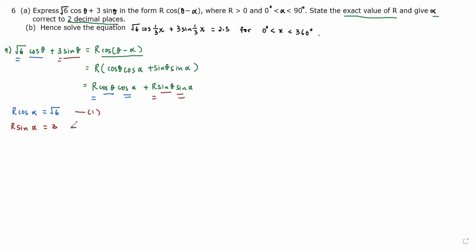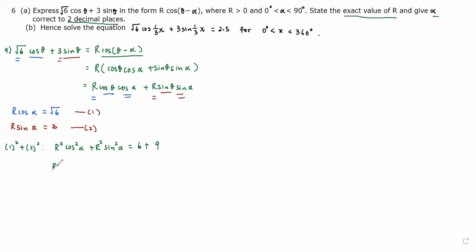We have equation number 1 and equation number 2, which we use to find the values of r and alpha. The sum of squares of equation number 1 and equation number 2 is r squared cos squared alpha plus r squared sine squared alpha equals 6 plus the square of 3, which is 9.